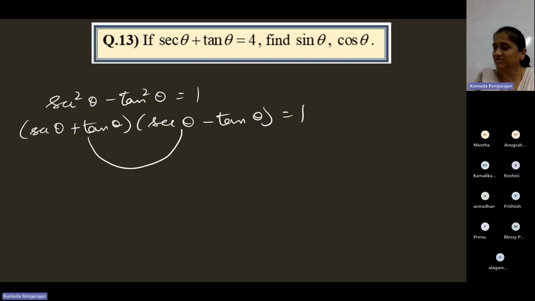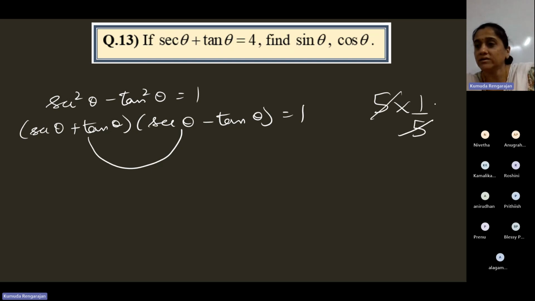Secant theta plus tan theta into secant theta minus tan theta is 1. The product of these two expressions is 1. That means they're reciprocals of one another, right? So when is the product 1? The product of 5 and 1 by 5 is 1. The product of 3 by 4 and 4 by 3 is 1.